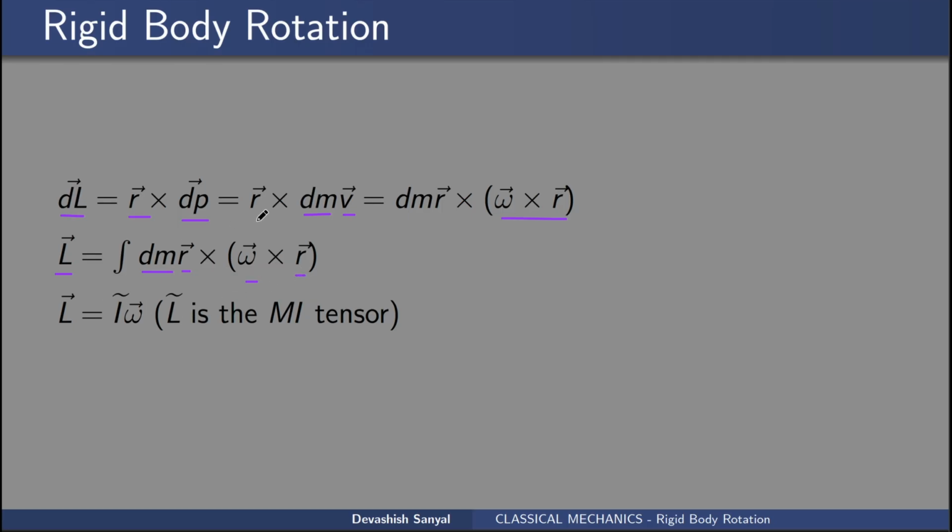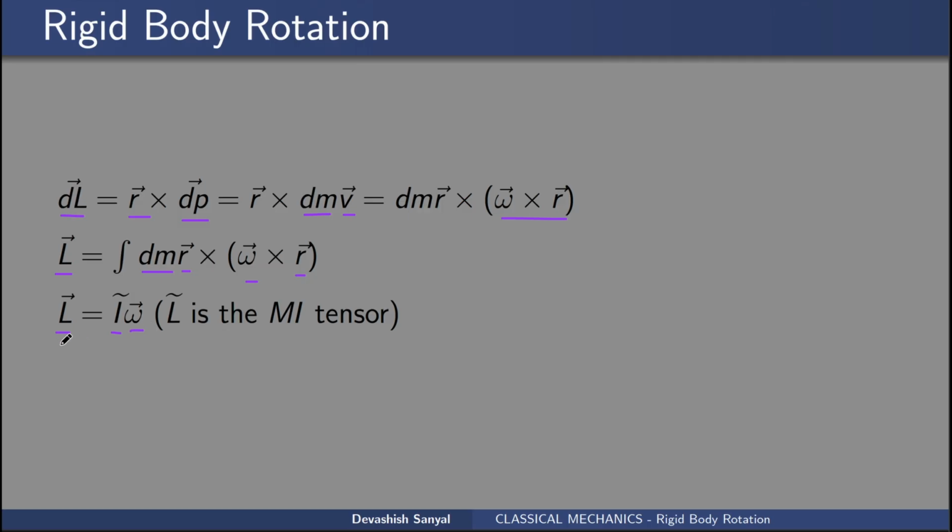If you do the calculations and complete the algebra, which we will not do here, L vector is I tilde times omega vector.